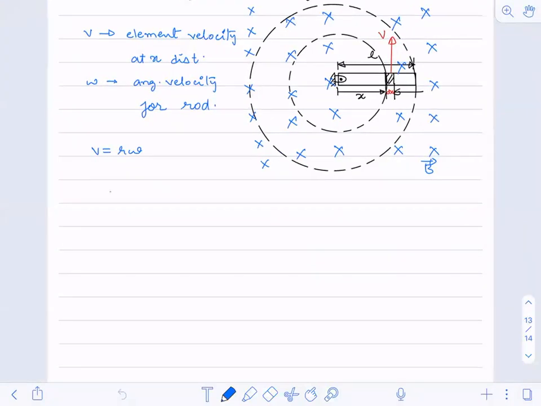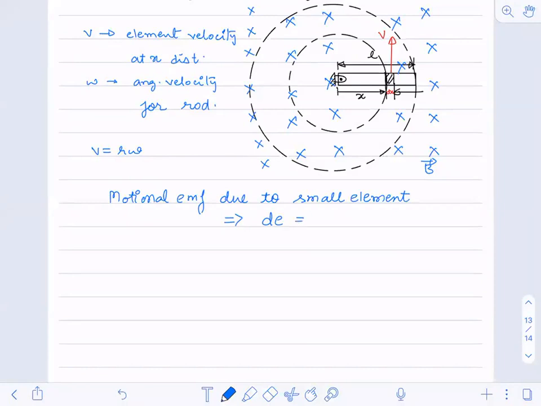So the motional EMF due to the small element. What is that? That is dE, a small EMF.